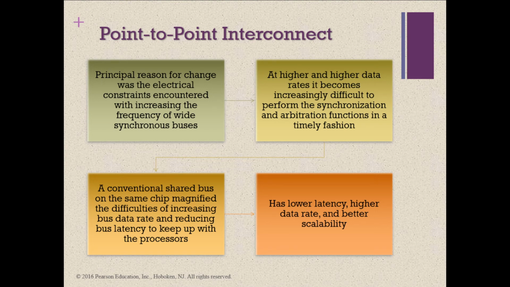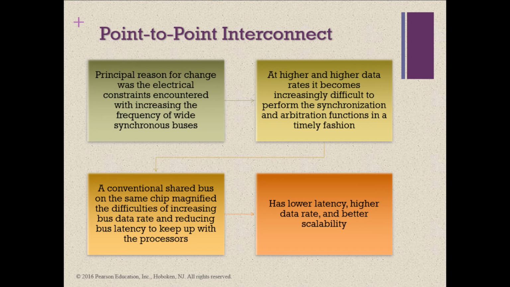The principal reason driving the change from bus to point-to-point interconnect was the electrical constraints encountered with increasing the frequency of wide synchronous buses. At higher and higher data rates, it becomes increasingly difficult to perform the synchronization and arbitration functions in a timely fashion.